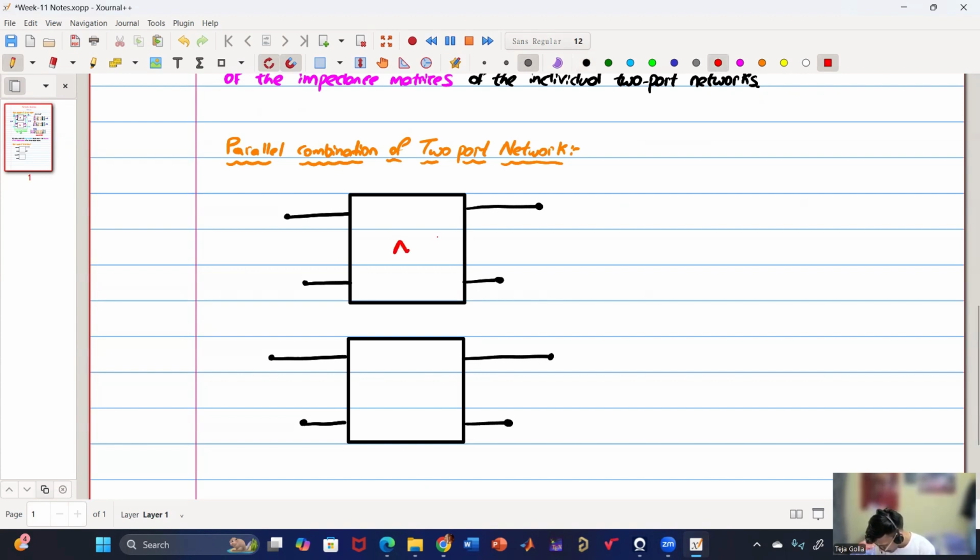Let us name these networks N1 and N2. Again, let the voltages be plus minus V1 and the current I1. Here also plus minus V2 and the current I2. Here also V1 dash and I1 dash, same as what we considered previously, and plus minus V2 dash with current I2 dash. Now we are connecting them in parallel combination, so this will get shorted here.